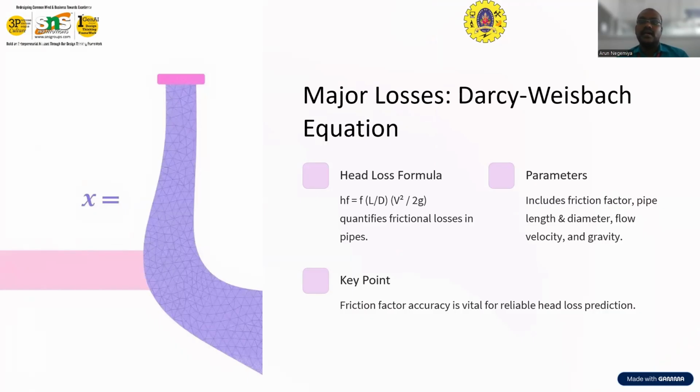Here hf is the friction head loss, f is the friction factor, L is the length, D is the diameter, V is the velocity of the flow, and g is gravity. So the parameters are friction factor, pipe length, diameter, flow velocity, and gravity.